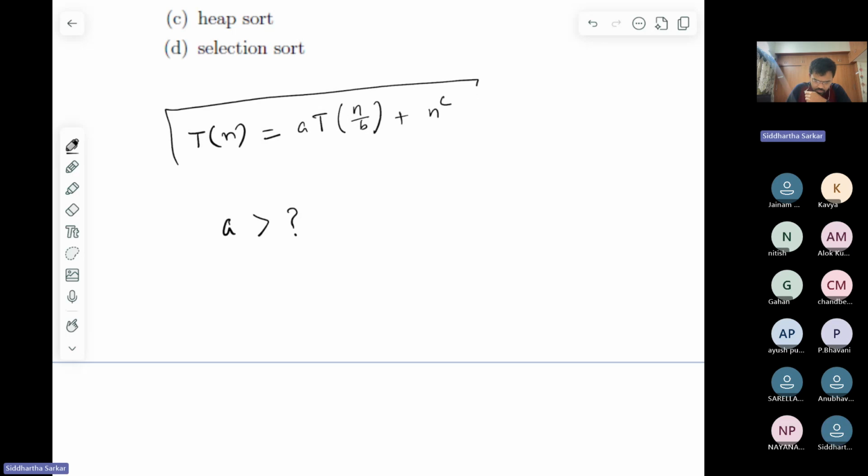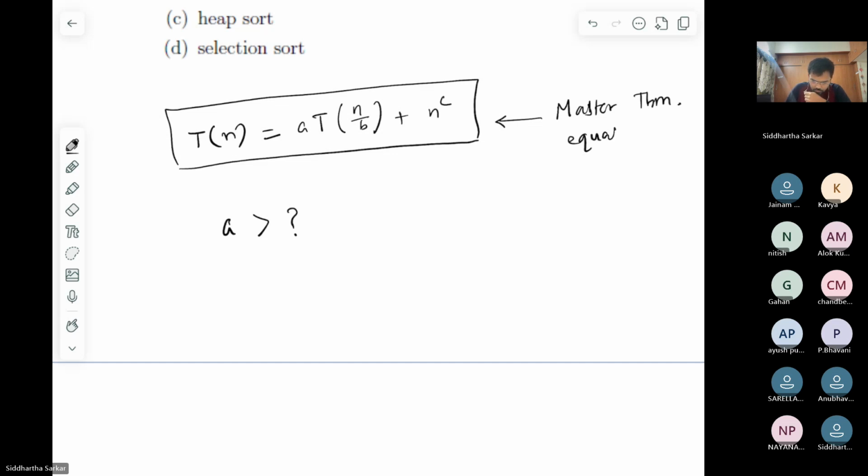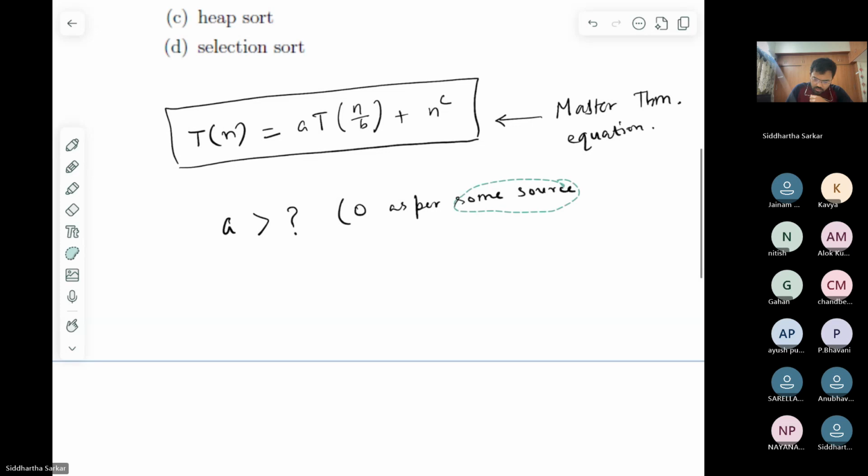So is this the master theorem you are referring to? Yes, sir. So you are saying that this could be zero as per some source, you said Cormen, as per the latest.